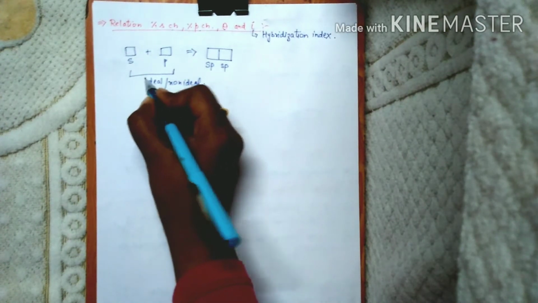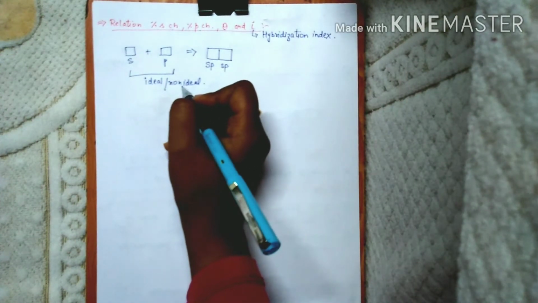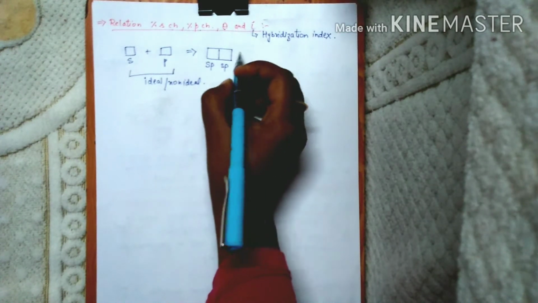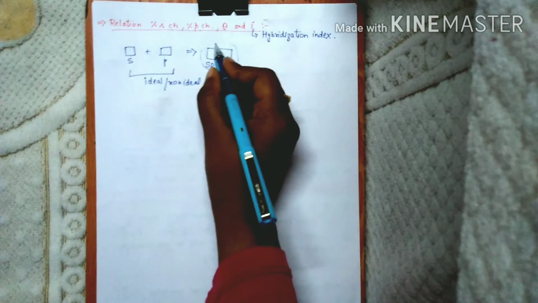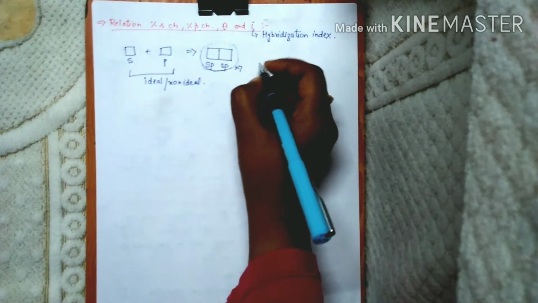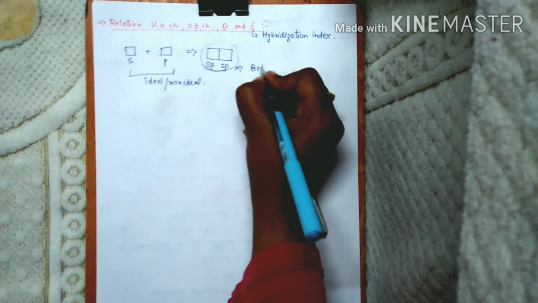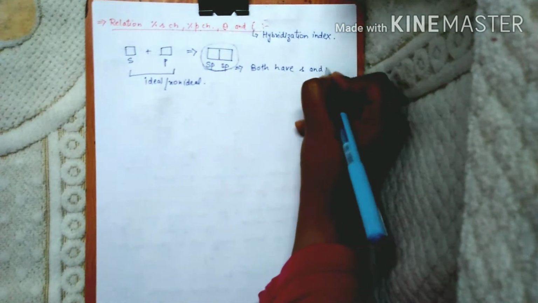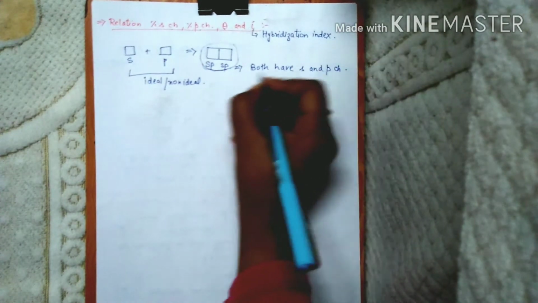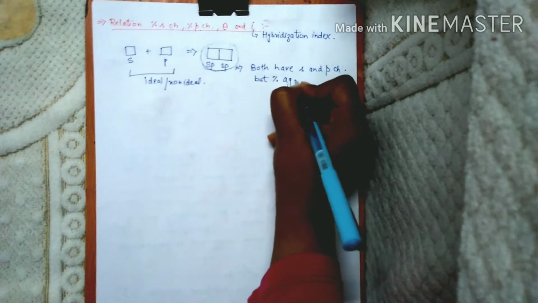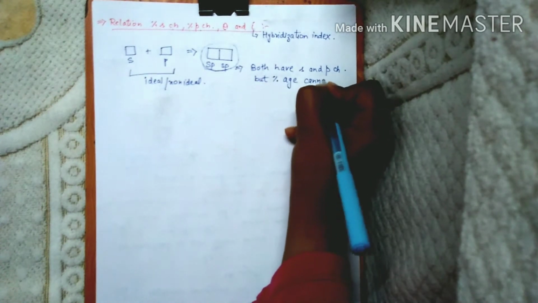We'll discuss the ideal and non-ideal mixings later on. I don't know whether this sp mixing is ideal or non-ideal, but one thing I can tell you is that both have S and P characters, but right now the percentage cannot be known.